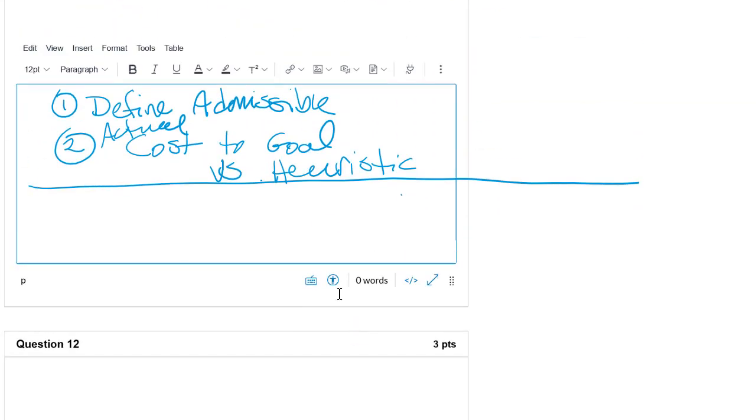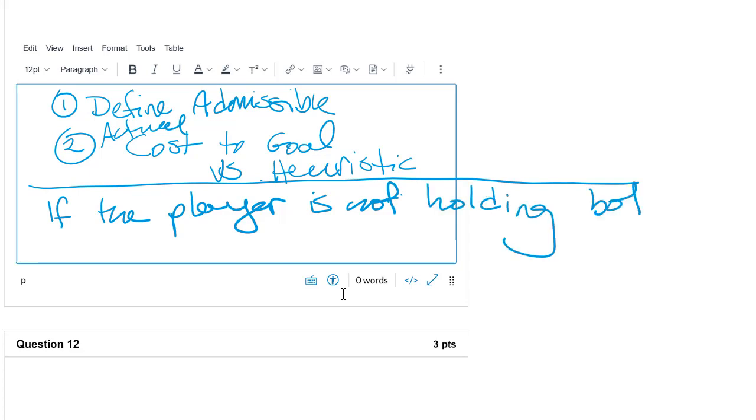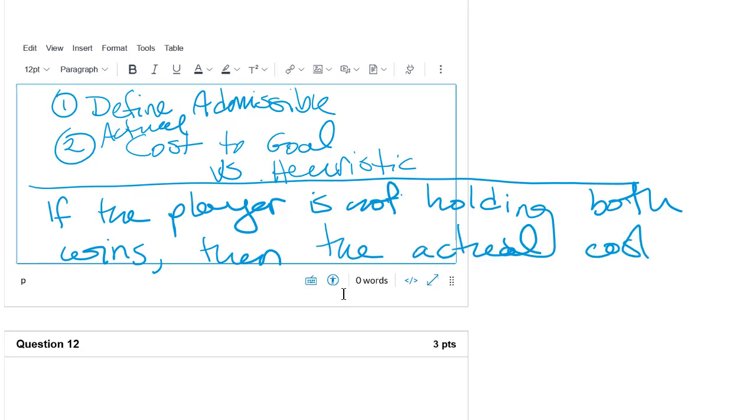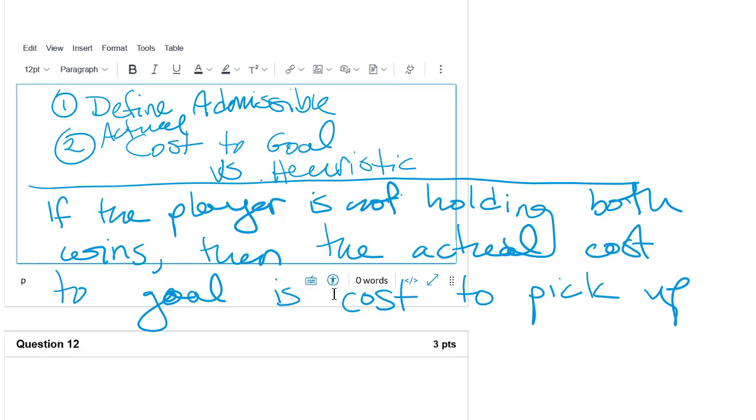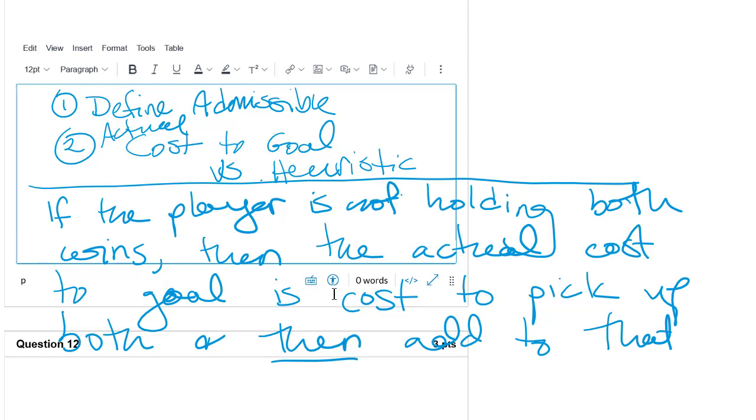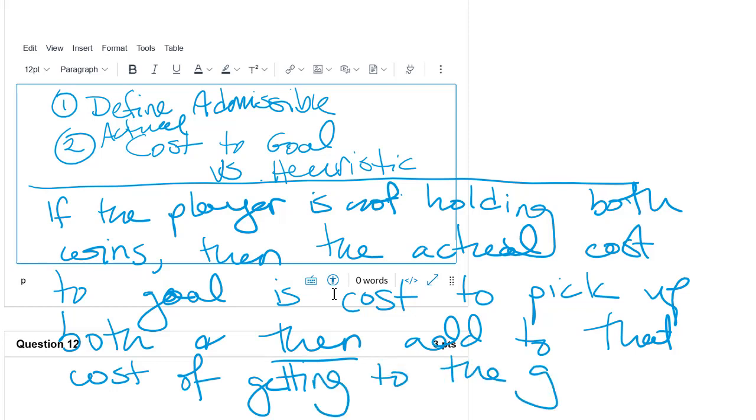So if the player is not holding both coins, then the actual cost to goal is the cost to pick up both, and then add to that the cost of getting to the goal state.